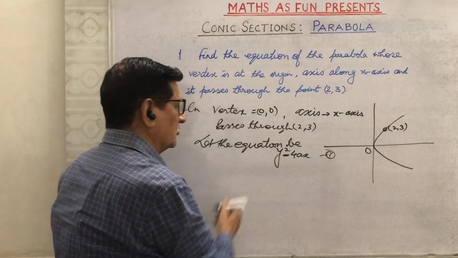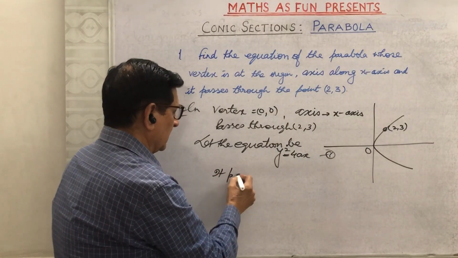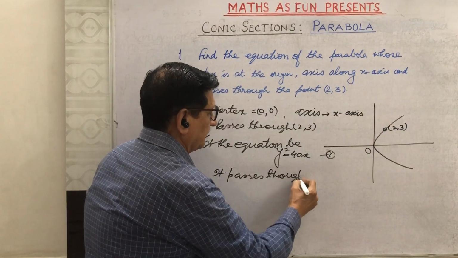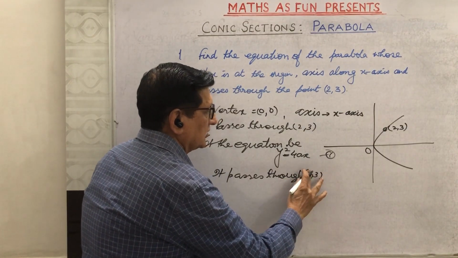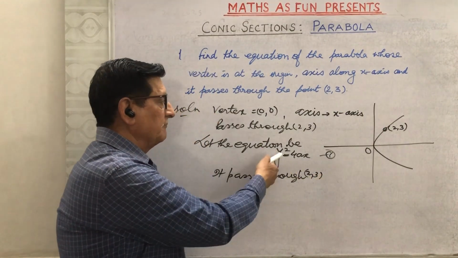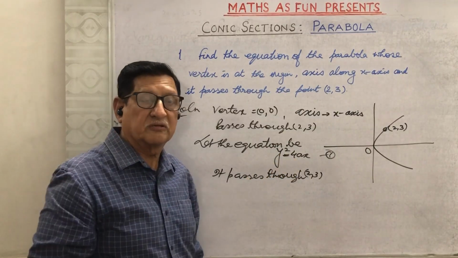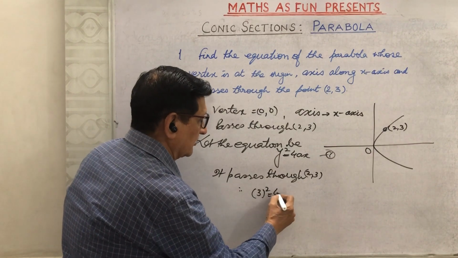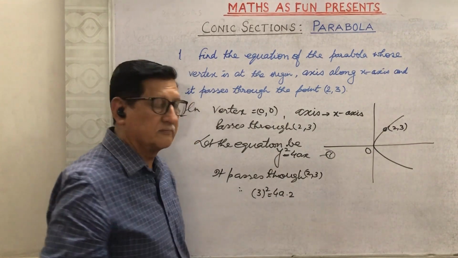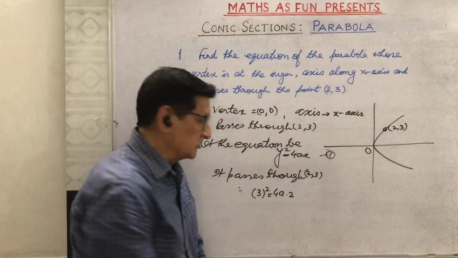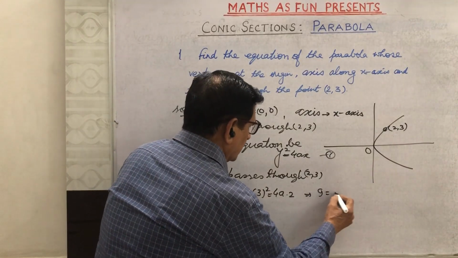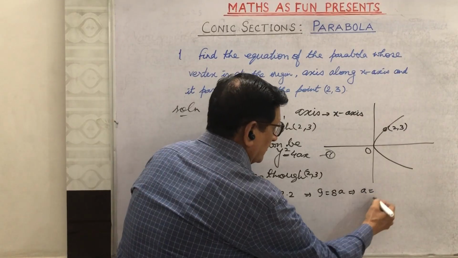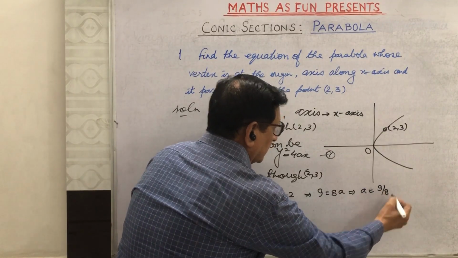Since it passes through 2 comma 3, this 2 comma 3 will be satisfying this equation. Therefore we find 3 square is equal to 4a into 2. So this gives us 9 is equal to 8a, or we can say a is equal to 9 by 8.